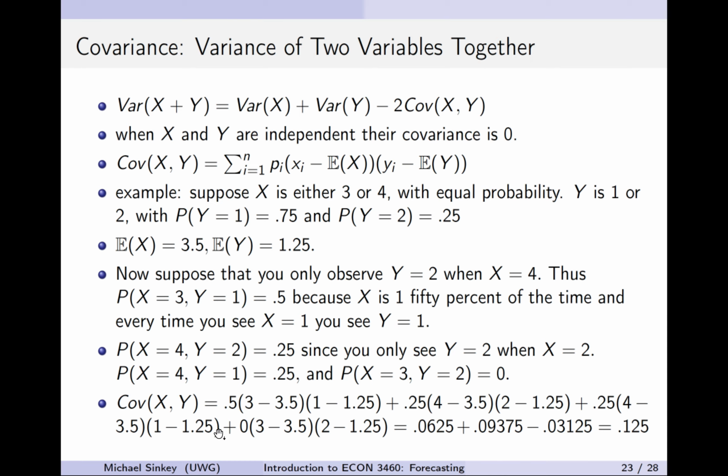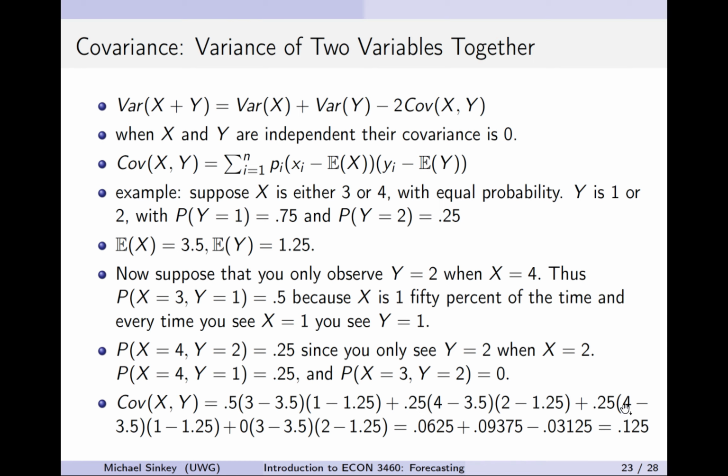Now, let's take a look at the covariance. 50% of the time, I see x equal 3, y equal 1. So every single time y is equal to 1, x is equal to 3. Here I take 3, I subtract the expected value of x. I take 1, I subtract the expected value of y. I multiply by 0.5. Then I do the same thing for when x is equal to 4 and y is equal to 2, 0.25, subtracting expected values.